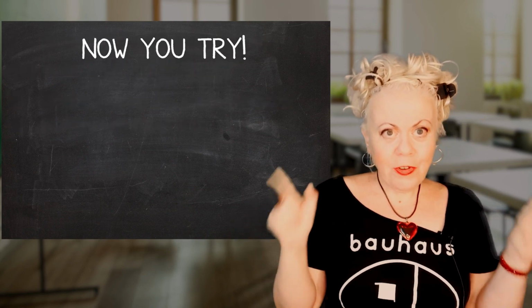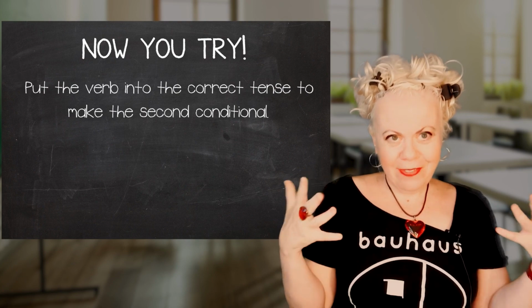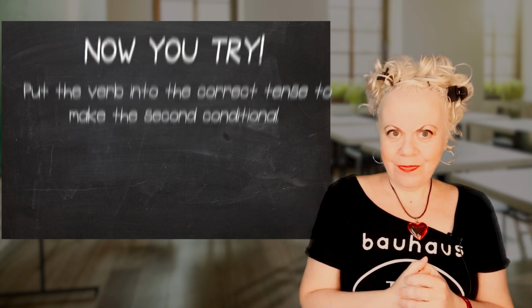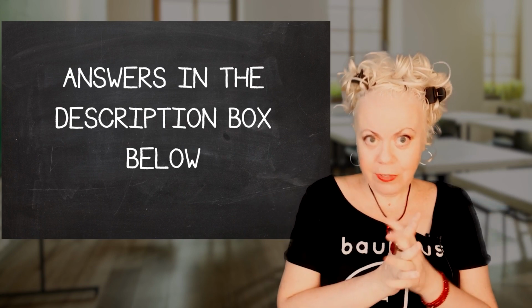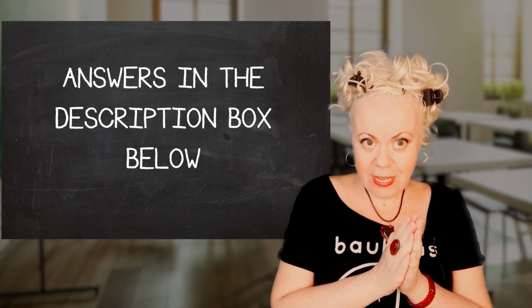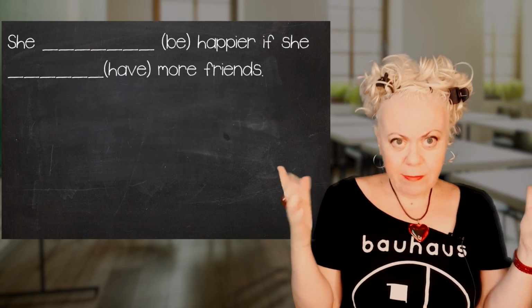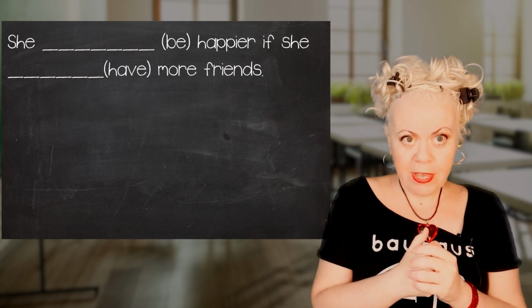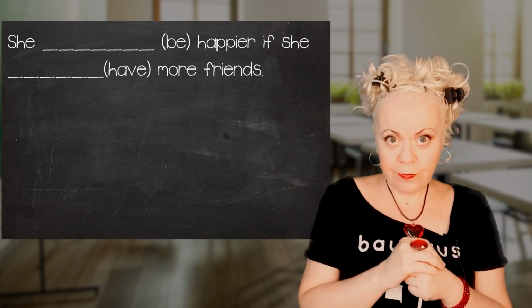Okay, now you try. Put the verb into the correct tense to make the second conditional. The answers will be waiting for you in the description box as always. Okay, are you ready? Let's start. She blank be happier if she blank have more friends.